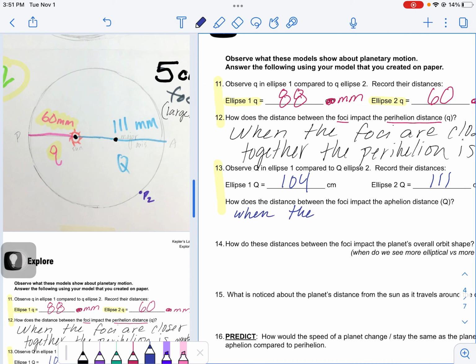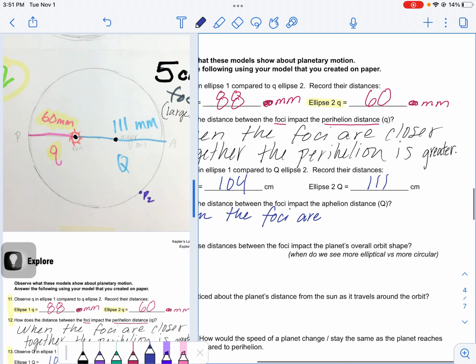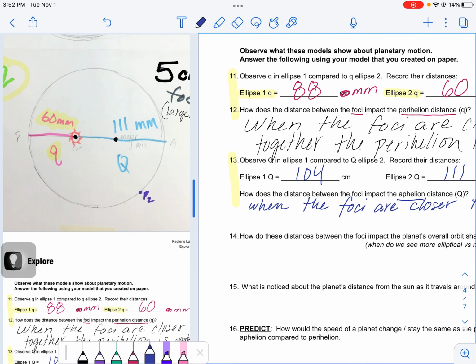Again, when the foci are, we'll stick with closer together. This time we're thinking about aphelion.